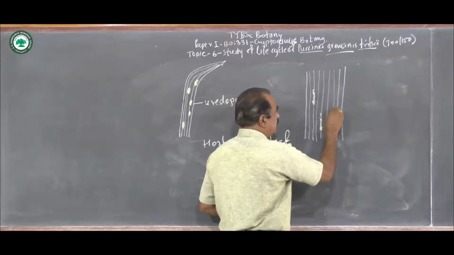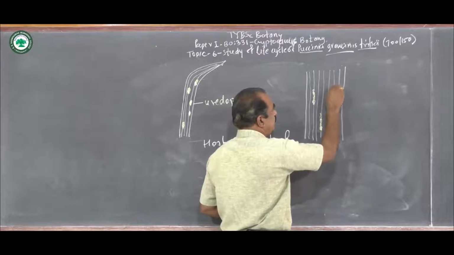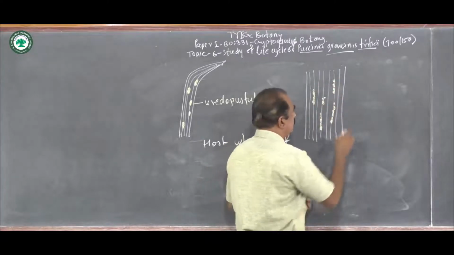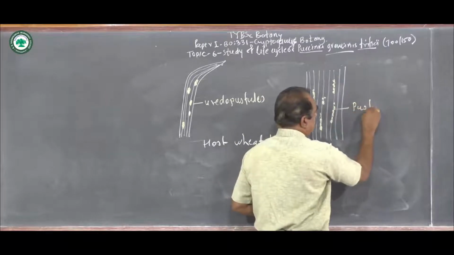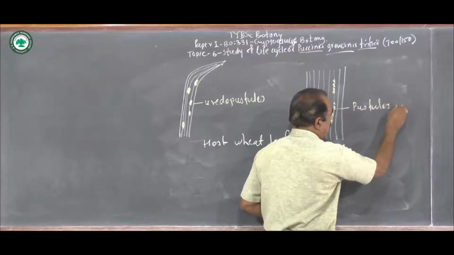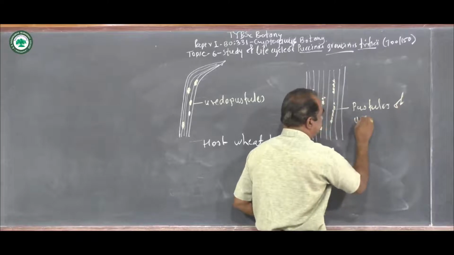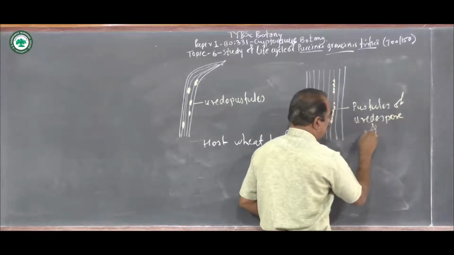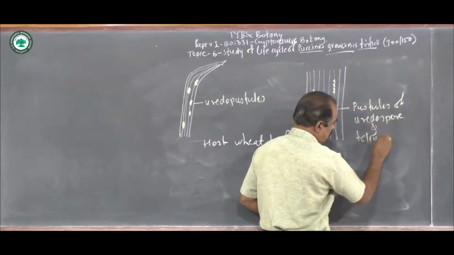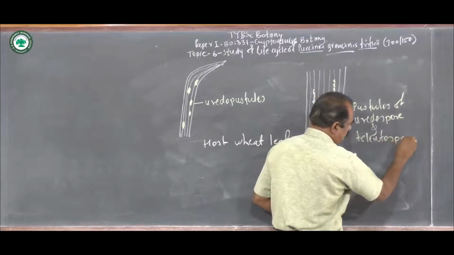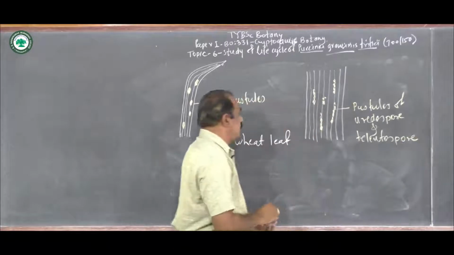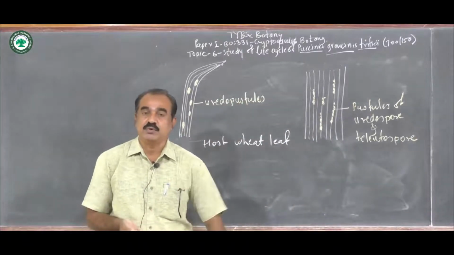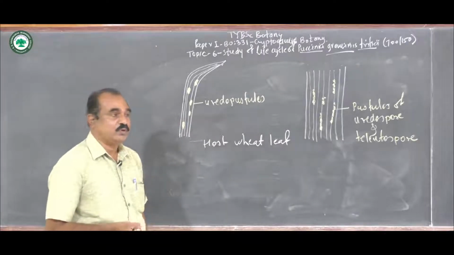This is the infection of Puccinia graminis tritici. Now here there is the wheat leaf. This is the primary host. It is the monocot host. The name of the host is wheat.